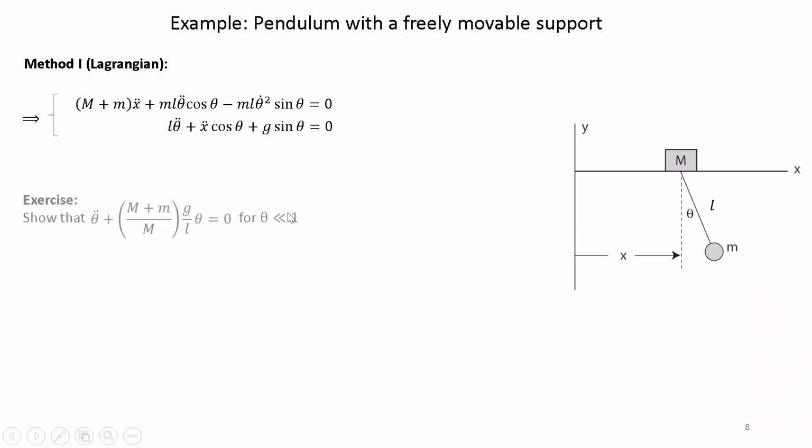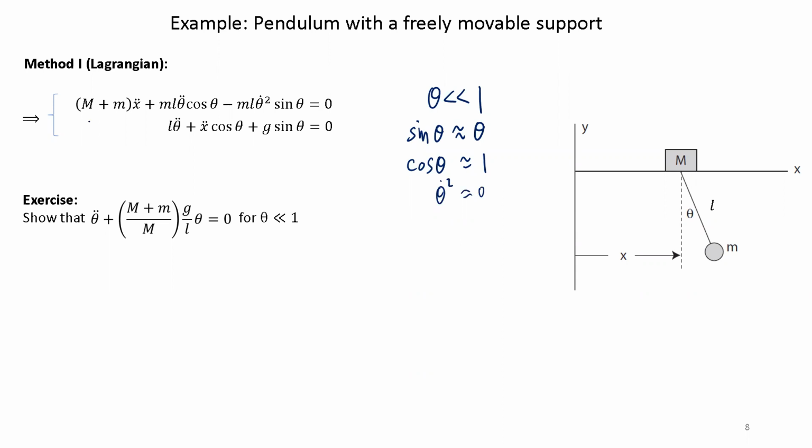For theta to be small, you can approximate sine theta approximately equal to theta, and cosine theta approximately equal to 1. And then theta dot squared just goes to 0.